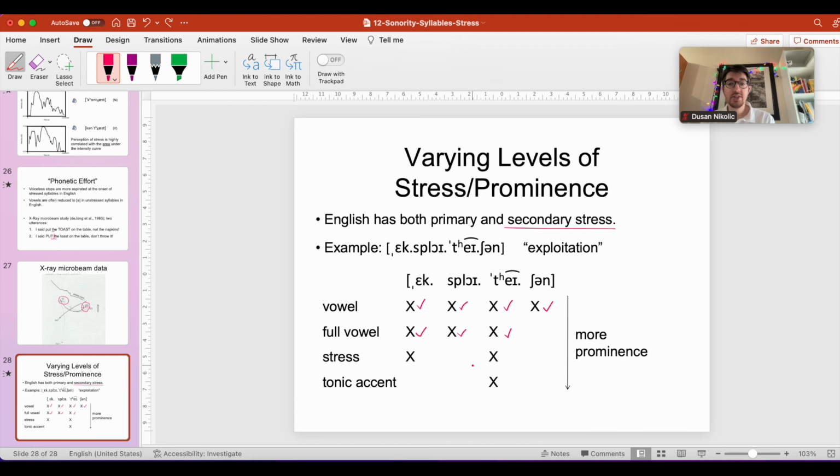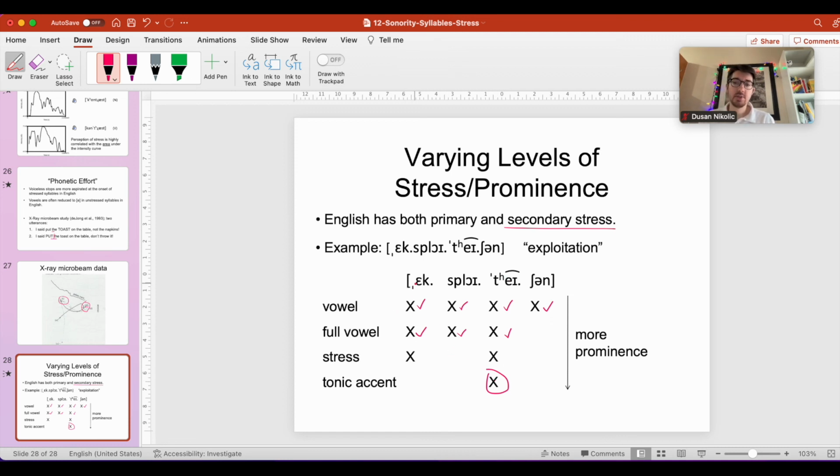These are longer sequences, and now we have exploitation, right? We have to decide which one is primary. Well, we decided that based on more prominence, and we determined that the more prominent vowel syllable is this one, tation, right? And that's where the primary stress lies.